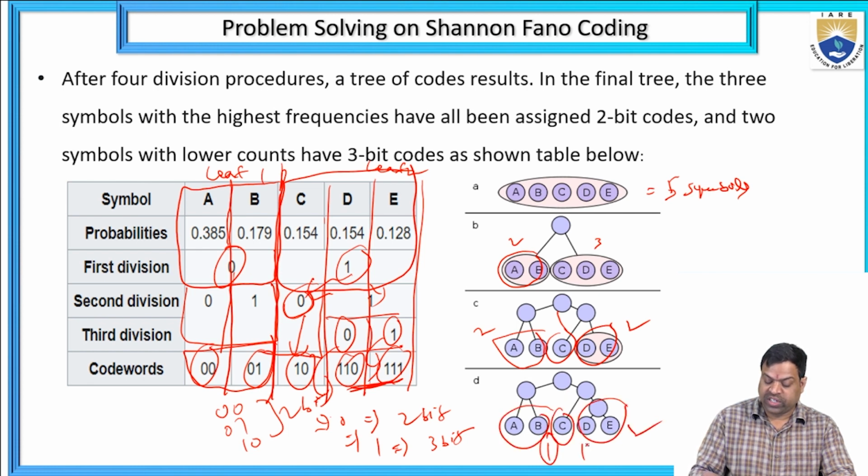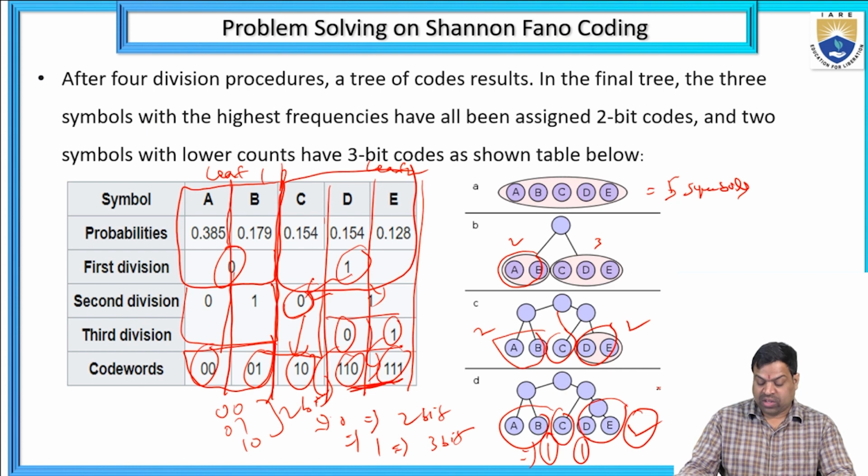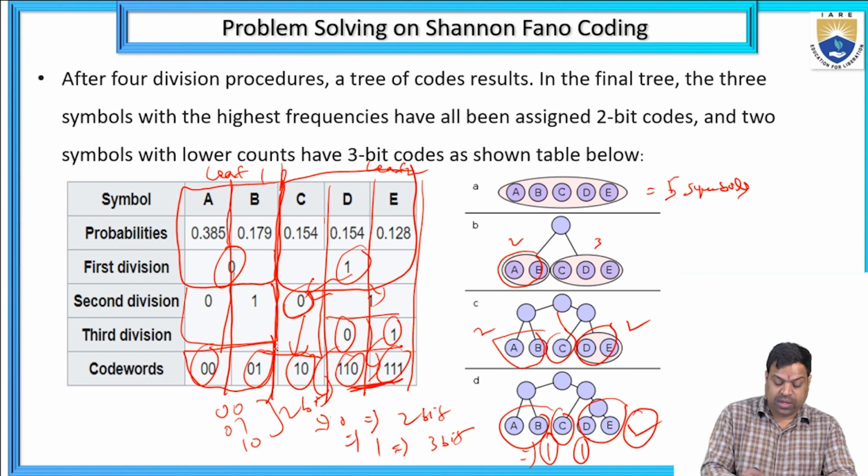So okay, when it is going as 1 it means 2-bit, 2-bit and a 3-bit. So A, B is one group, C is another group, D is another group. So finally what happened means A, B, C is one group and D is one group.